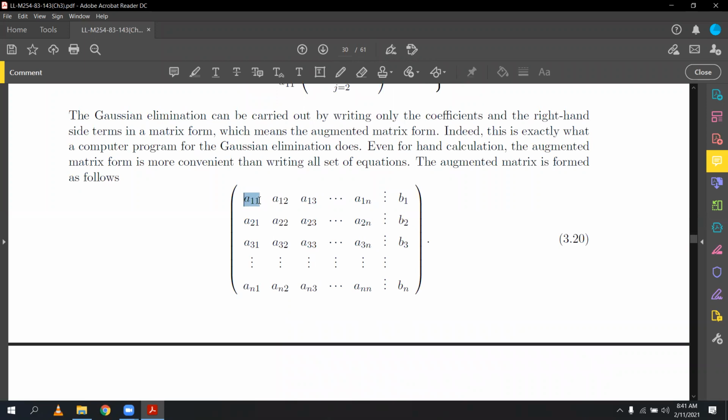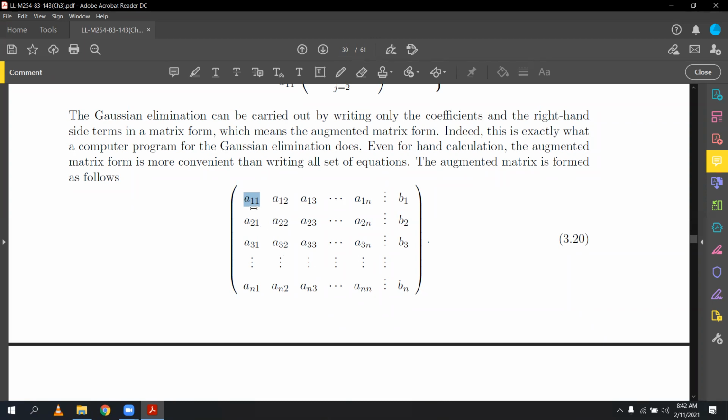We start with the first column and we check this element should not be equal to 0. It is 1, it is 2 million, it is negative 5,000, whatever. We don't care what the number is, but only one condition: this should not be equal to 0. If this is not equal to 0, then we make the elements below it equal to 0. Then we move to the second column. We check this second diagonal element should not be 0. Then we make the elements below it 0 and continue like this. We approach the upper.